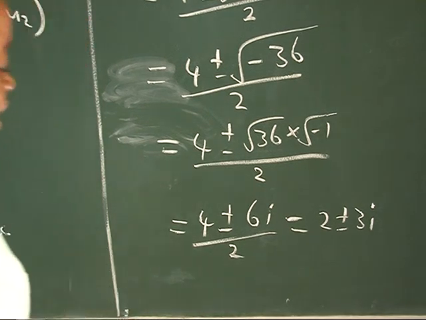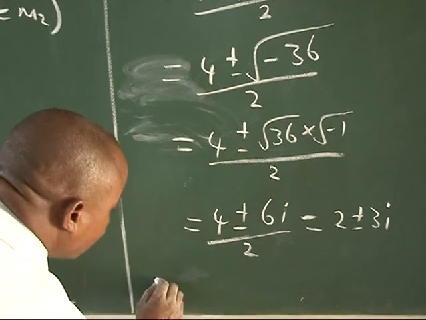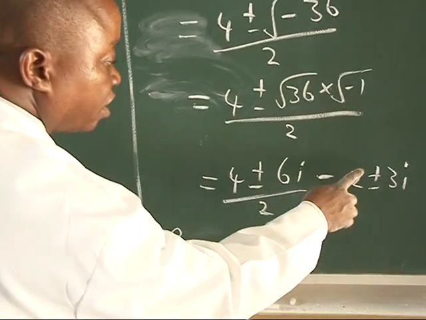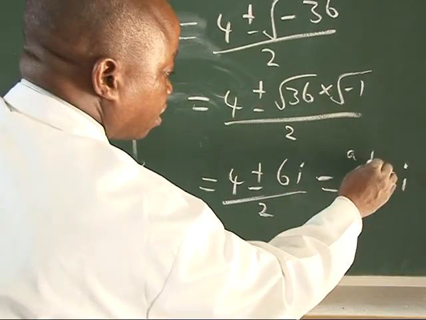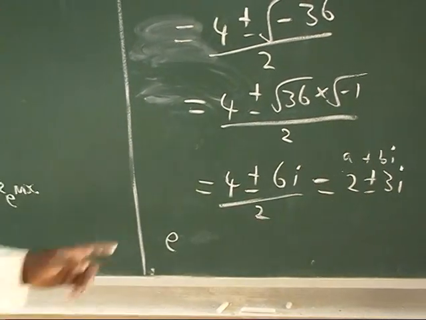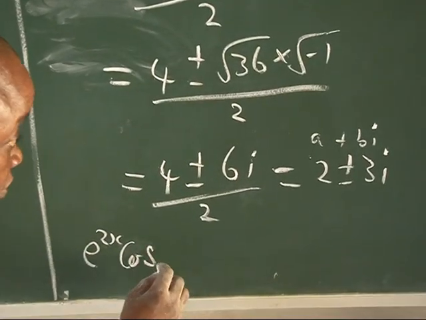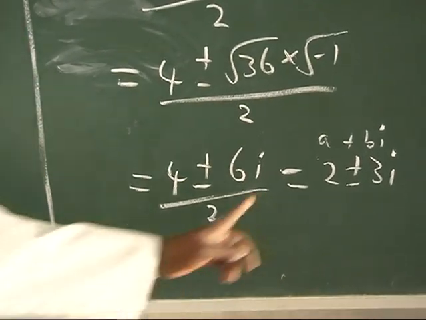Now, the two linearly independent solutions will be exponential ax cos bx, where this is a and this is b, in the form a plus bi. So exponential 2x cos 3x, that is cos bx.